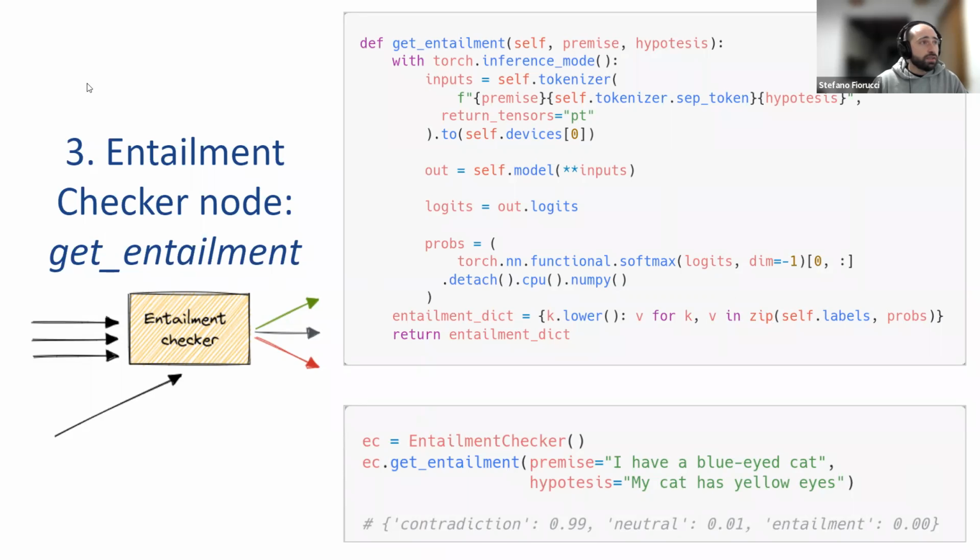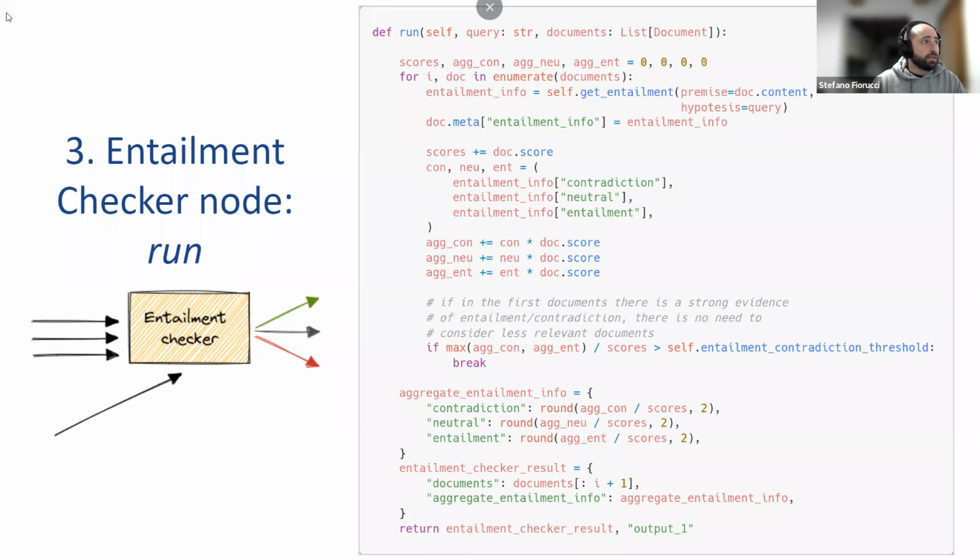Then we have to define the run method, and there we have a for loop, and for every textual passage returned by the retriever, we get the entailment, and then we aggregate these entailment scores, and we use as a weight the relevance score, which is doc.score.